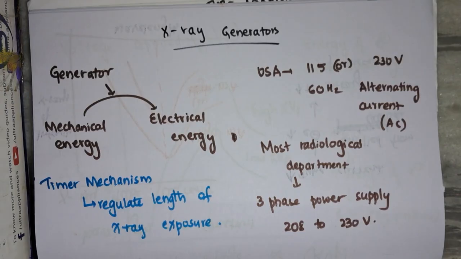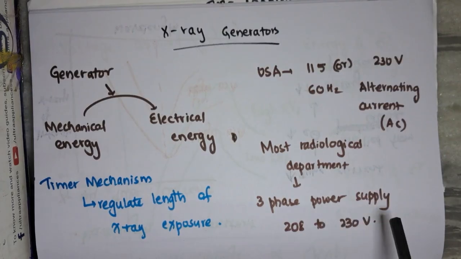When a high potential is applied between cathode and anode, the cathode filament heats, the electrons are emitted from the cathode, and these electrons are accelerated towards the anode. So for this process we require electricity.